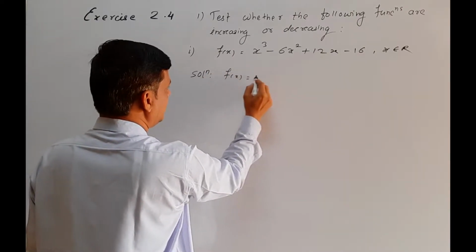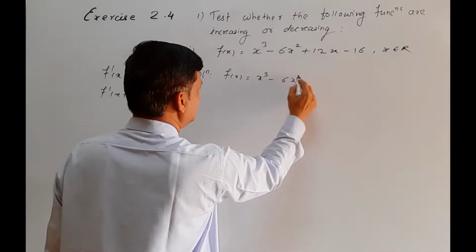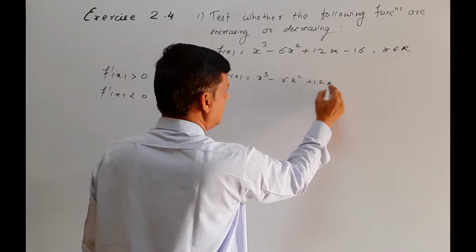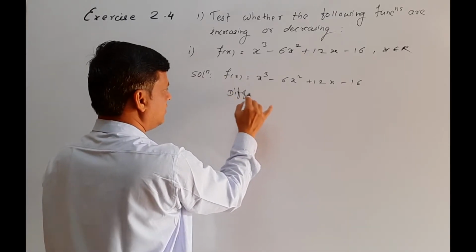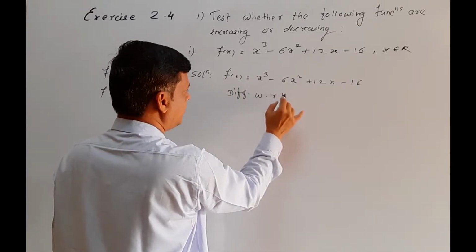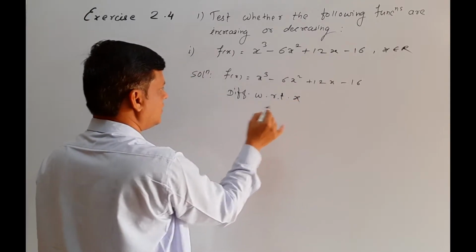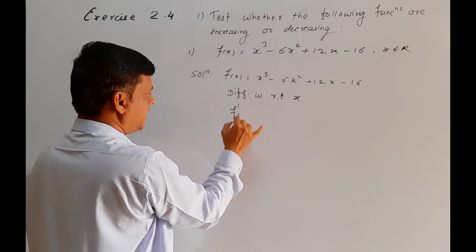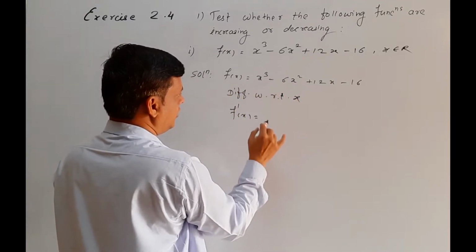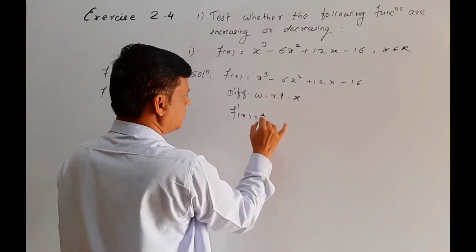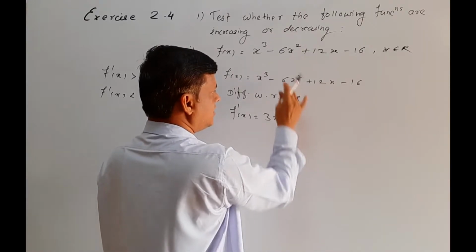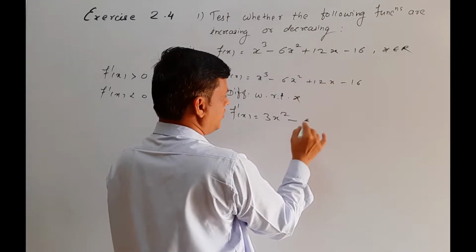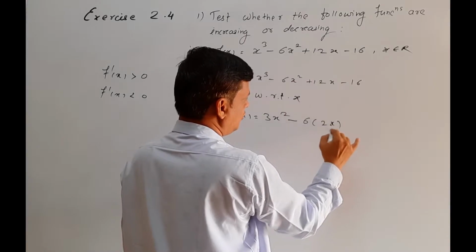Write in solution: f of x is equal to x cube minus 6x square plus 12x minus 16. Differentiate with respect to x. So the derivative of f of x, we write f dash of x. The derivative of x cube is 3x square. For the second term, 6 into the derivative of x square, which is 2x, so 6 into 2x.